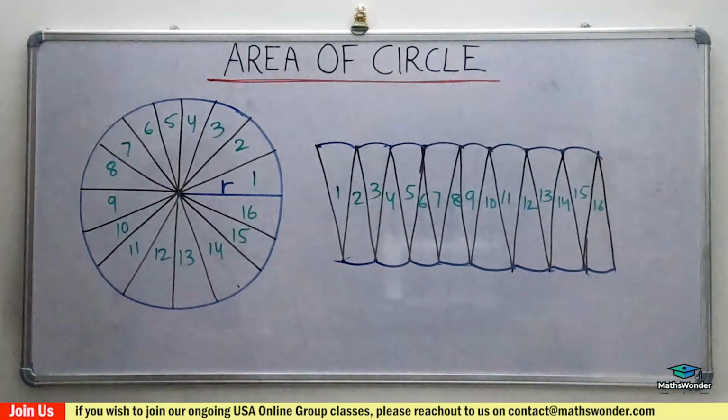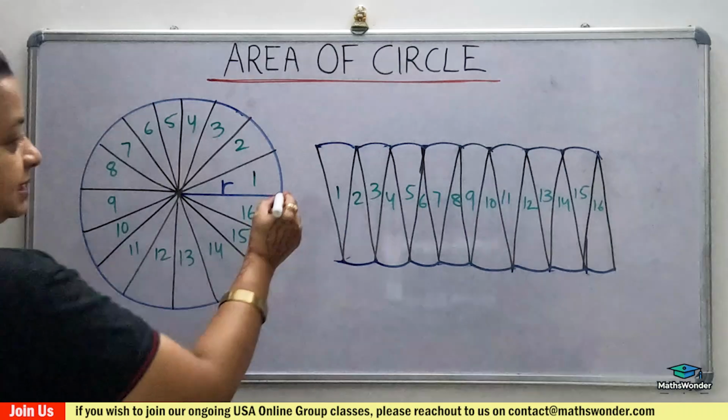Now if you divide one sector into halves and paste them, you will get a shape resembling a rectangle, right? This is the parallelogram, but it will look like a rectangle, right? So this is the radius.